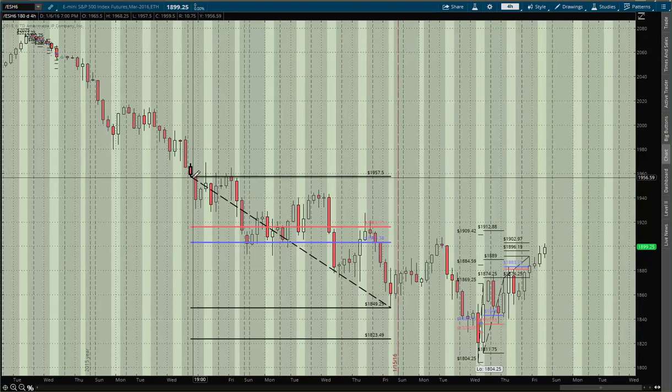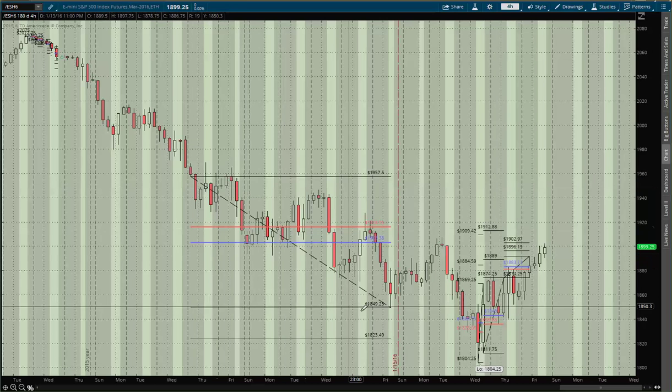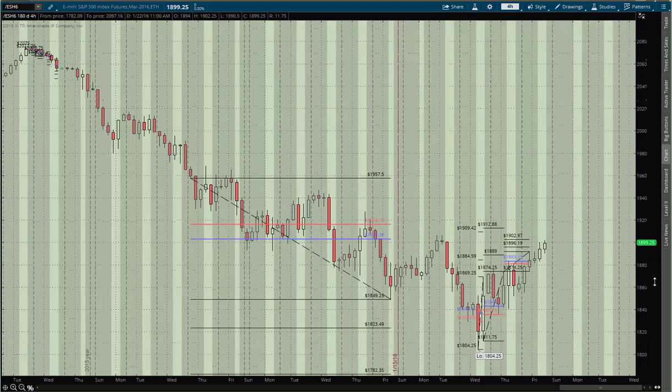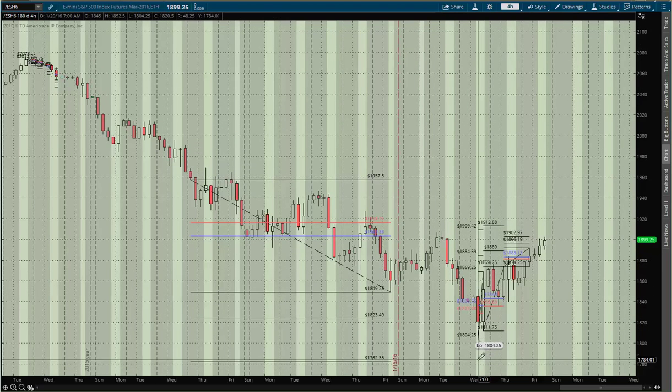In this particular case, we picked up the extension and the low at that point, and we traded back up into the resistance. Then we went into the first, but not quite into the second target.